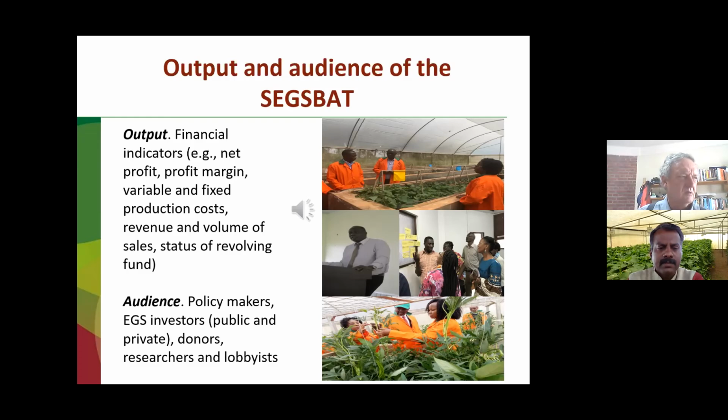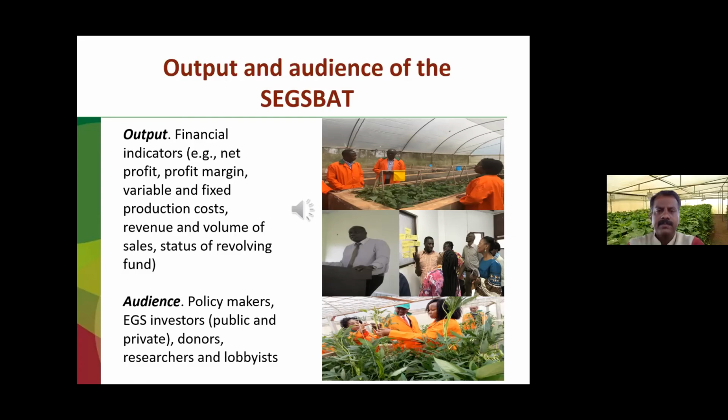And it also gives you the idea how much revolving fund you have generated to ensure that in the following season you should be able to have sufficient seed supply to meet the demand. So during this process, you also try to estimate the seed requirement, which is directly linked to these financial indicators.